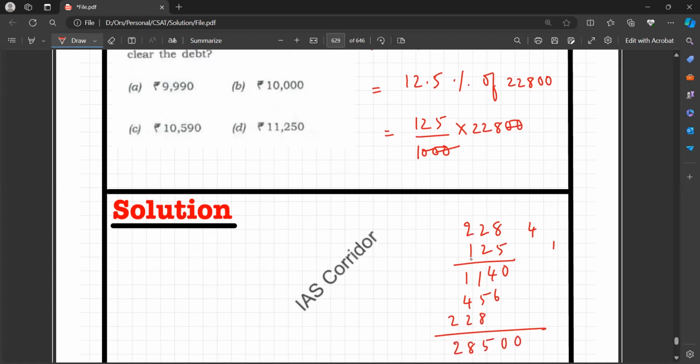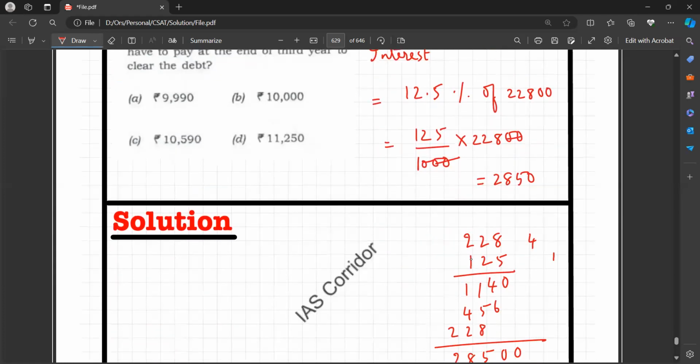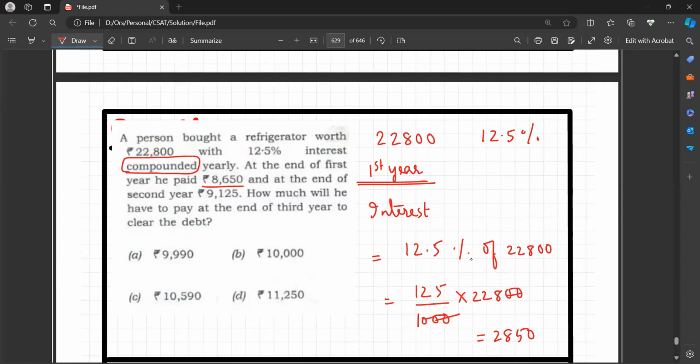So 28500 divided by 10. So what will be the amount? 2850. So at the end of first year, the total amount is 22800 plus 2850, which is 25650. The person paid 8650.